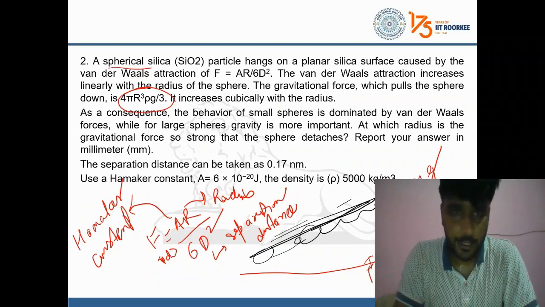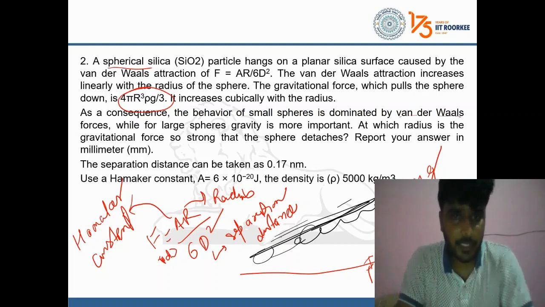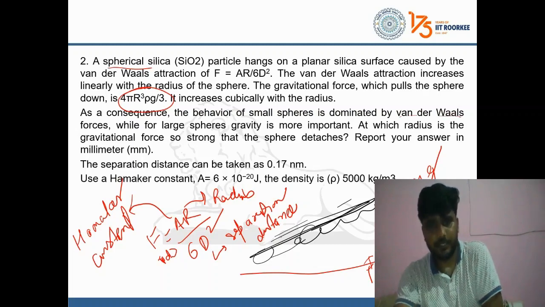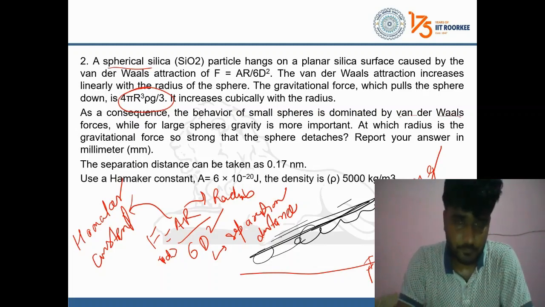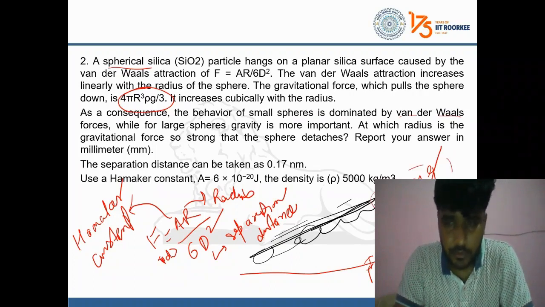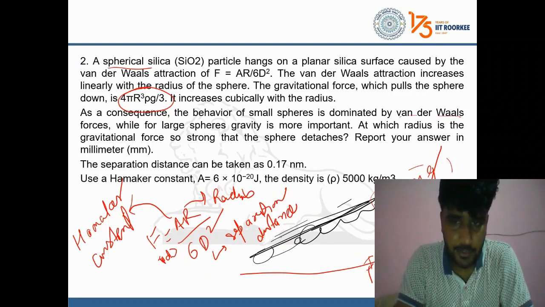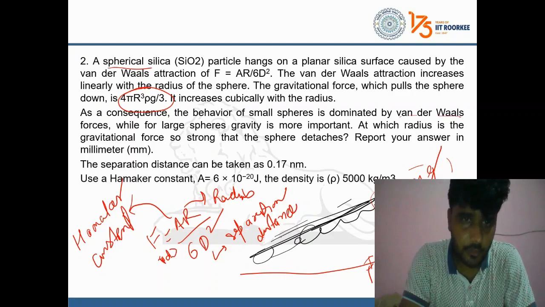As a consequence, the behavior of small spheres is dominated by van der Waals forces, while for large spheres gravity is more important. So the van der Waals force will dominate for smaller spheres, and for larger spheres the gravitational force will dominate.